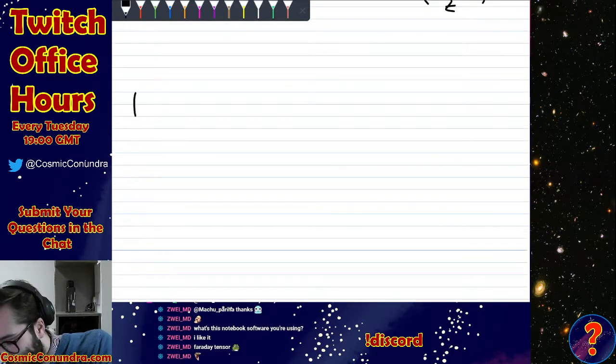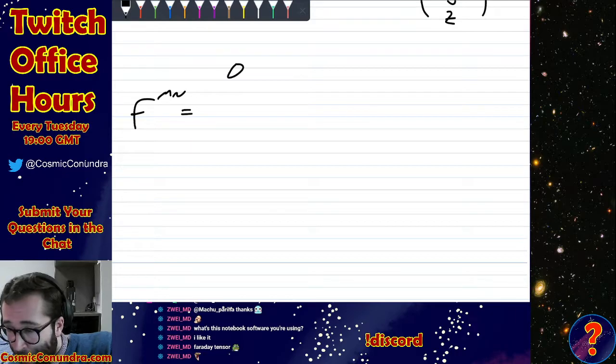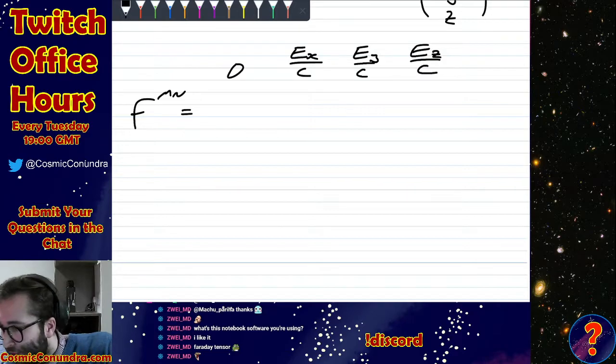But if you follow through with this anyway, if you write it in matrix form, you get a 4x4 matrix that corresponds to this tensor that has a 0 in the first element, then you've got the x, y, and z components of the electric field divided by c.